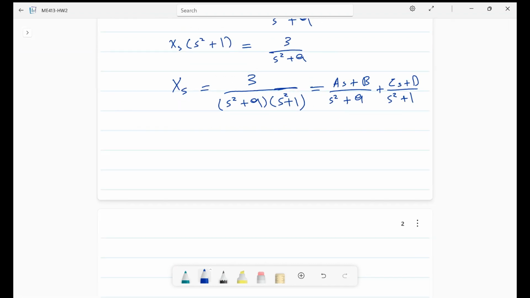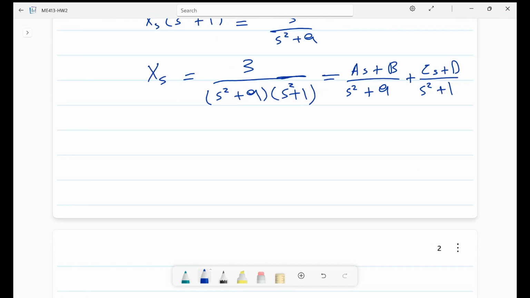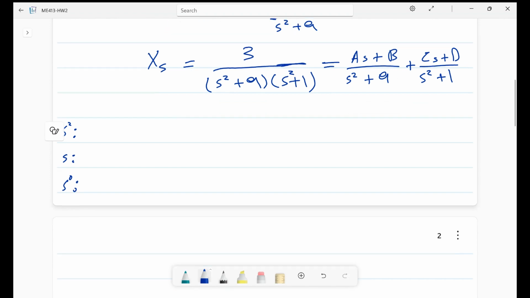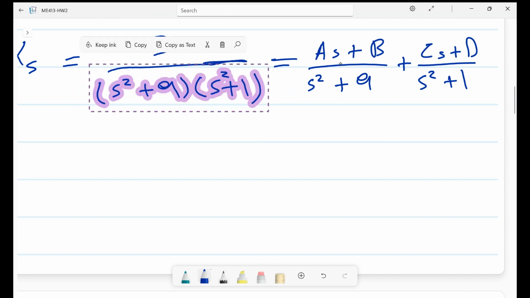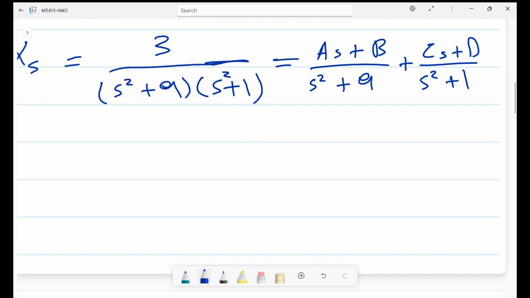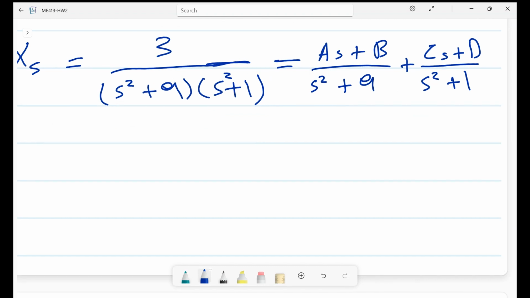As you know, the undetermined method gives us this form. Before that, we multiply both sides, so here we'll have 3, and here we'll have As plus B multiplied by s squared plus 1.